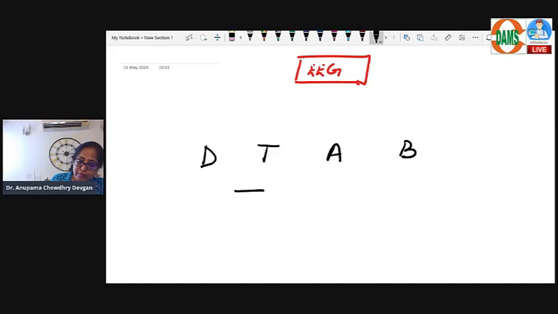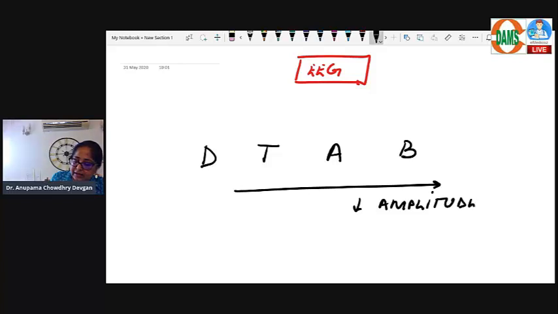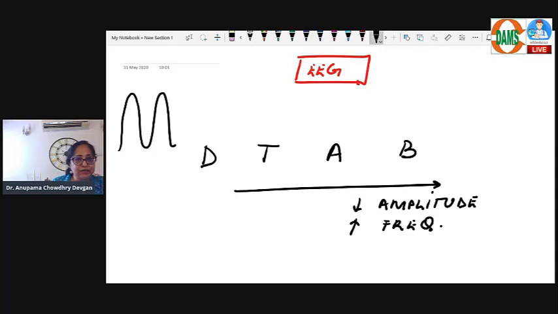Now, as you go from delta to beta, there is a decrease in the amplitude and an increase in frequency, right? That means delta has the largest amplitude and least frequency.